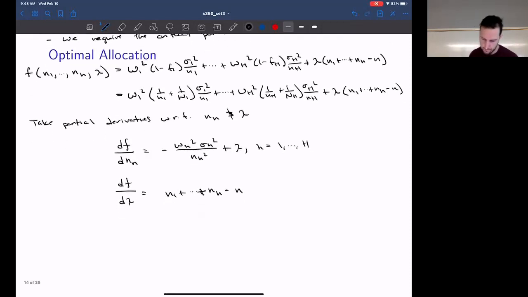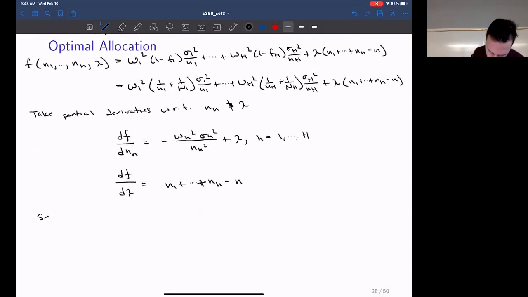And then we set the partial derivatives equal to 0.